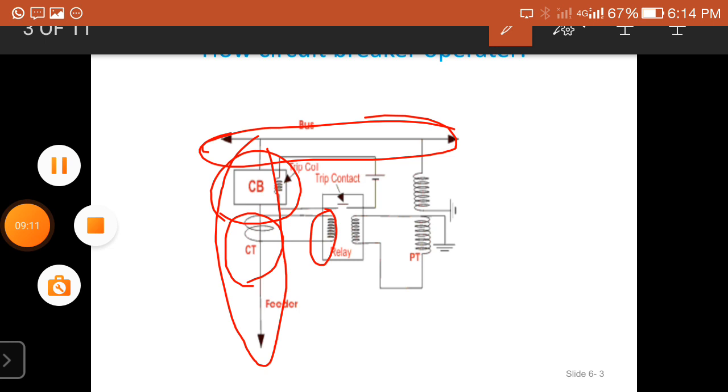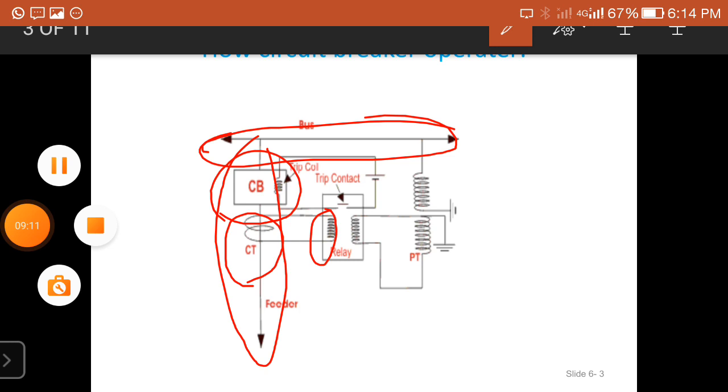In that we are using the fixed contact and moving contact. In between the fixed and moving contact, there is some gap. Under normal operating condition, the fixed and moving contacts are close together.